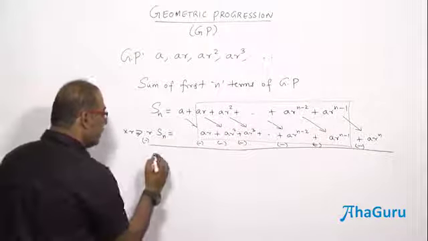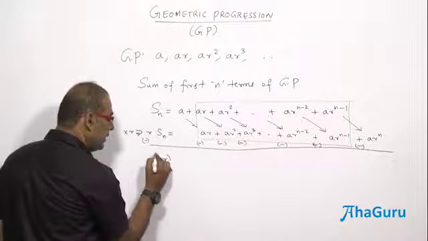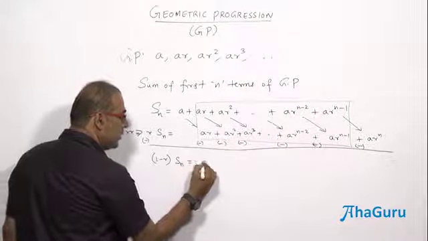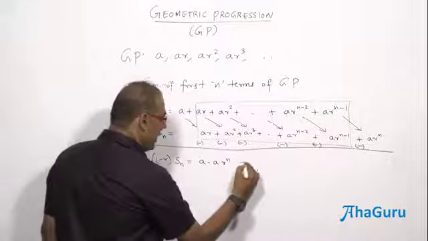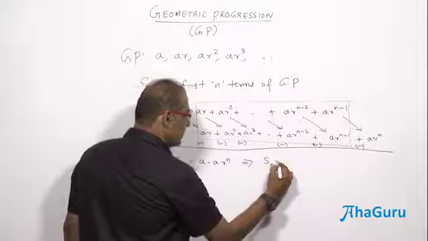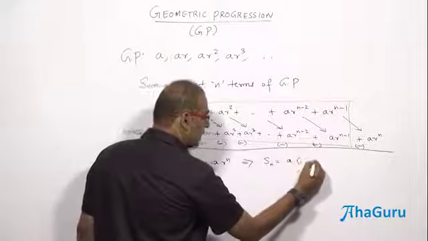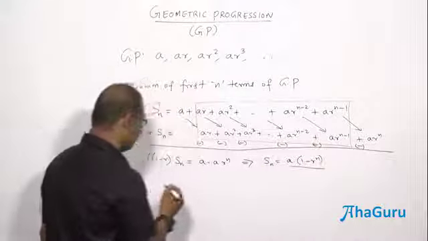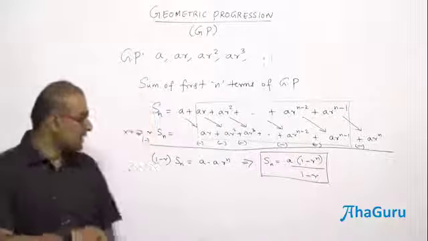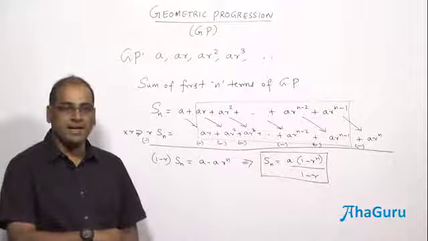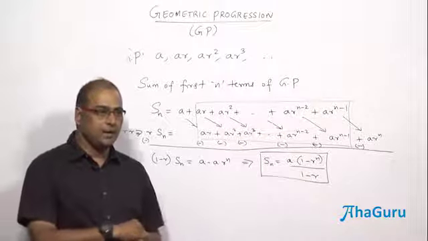So now we get 1 minus R into Sn is equal to A minus A into R power n. Or I can write it as Sn equals A times 1 minus R power n by 1 minus R. Therefore, the sum of the first n terms is equal to A times 1 minus R power n by 1 minus R.